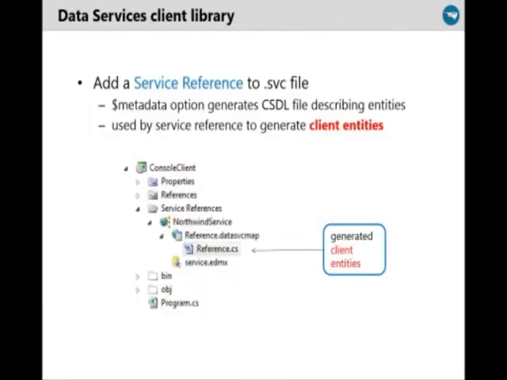And it's very easy to generate a client-side library because all you have to do is add a service reference. As we said, this is a WCF thing, and you can add a service reference just like you can to a WCF service that's exposing its metadata through WSDL or something like that. Based on that, it can generate all the client entities and so on that are needed.